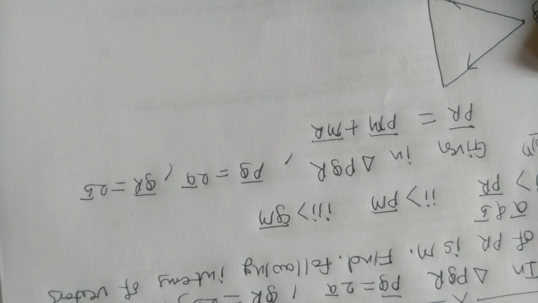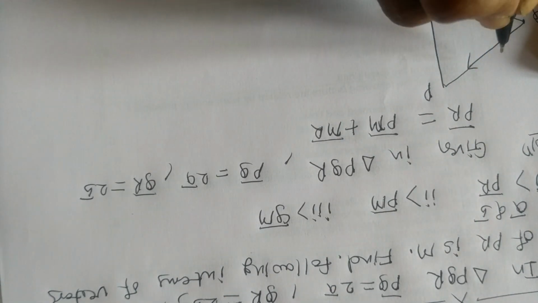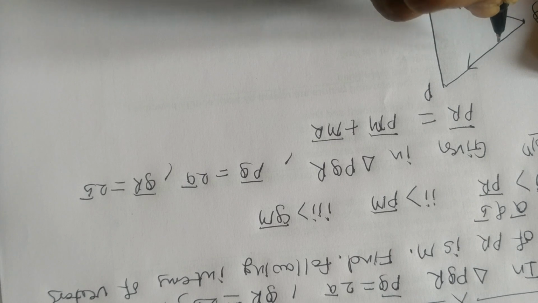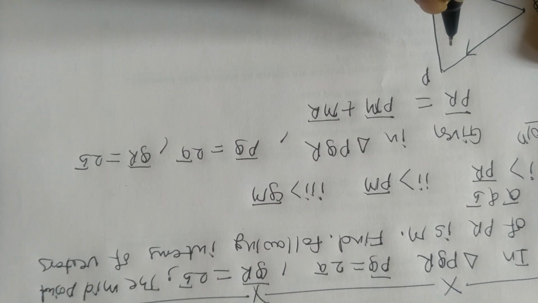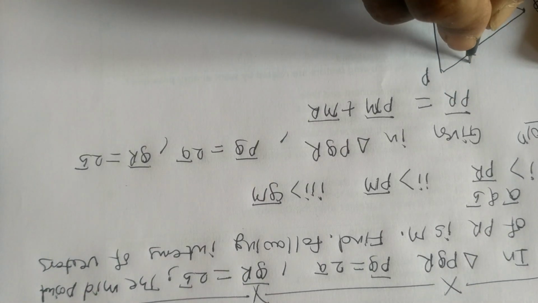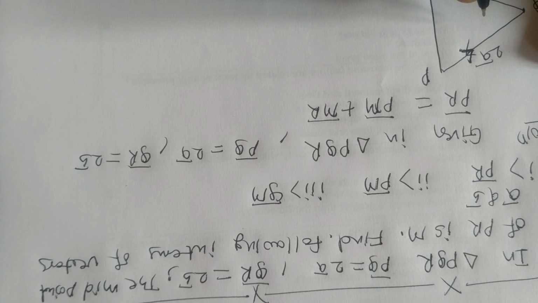Now we take this triangle PQR, where the first vector PQ bar is equal to twice A bar, and the second, QR bar, is equal to twice B bar.